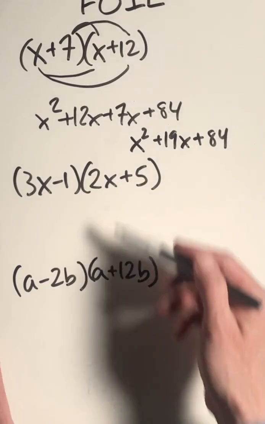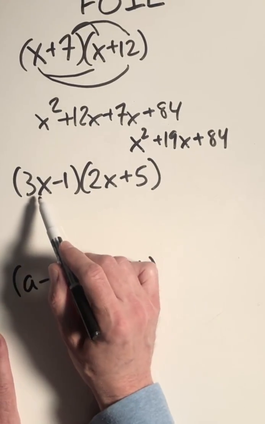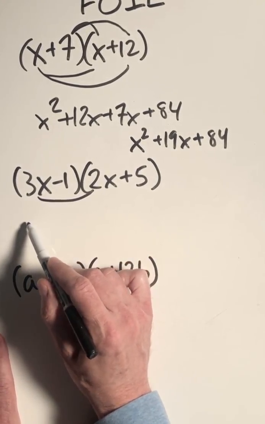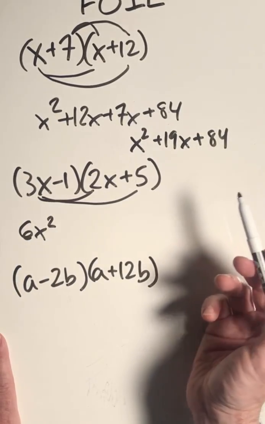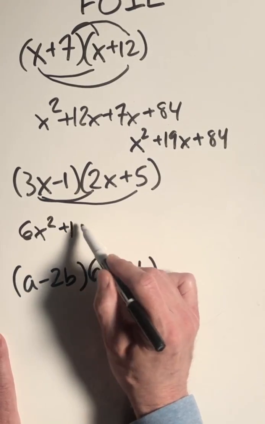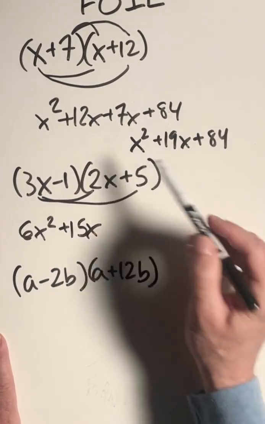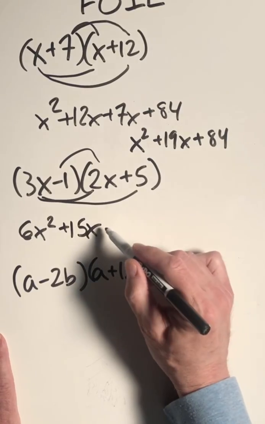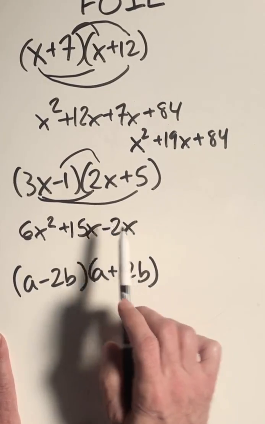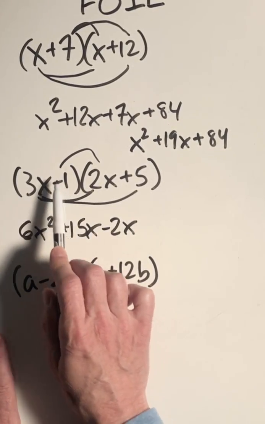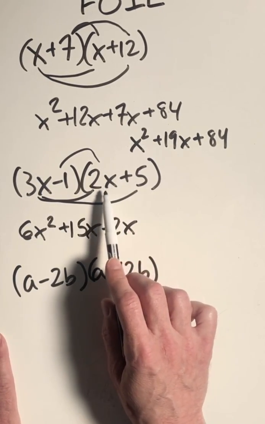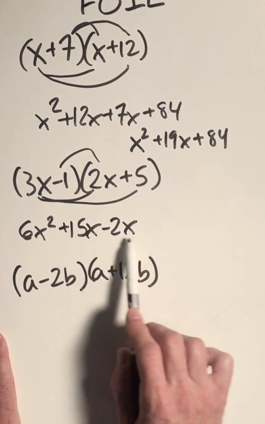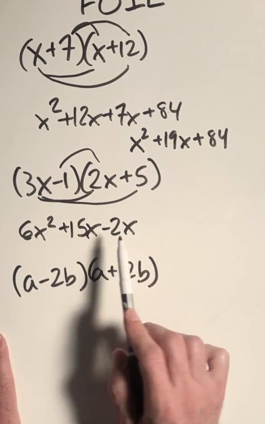We're going to go through the same process with these other binomials. 3x times 2x would be 6x squared. 3x times positive 5 would be positive 15x. Negative 1 times 2x would be negative 2x, noting again that because of the structure of these, an x to the first term and then a constant term, an x to the first term and then a constant term, the middle terms are going to be able to combine.